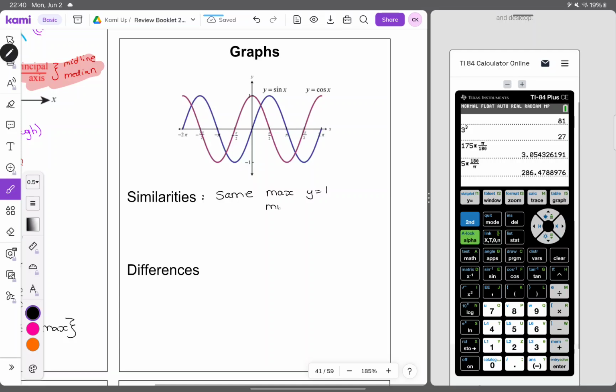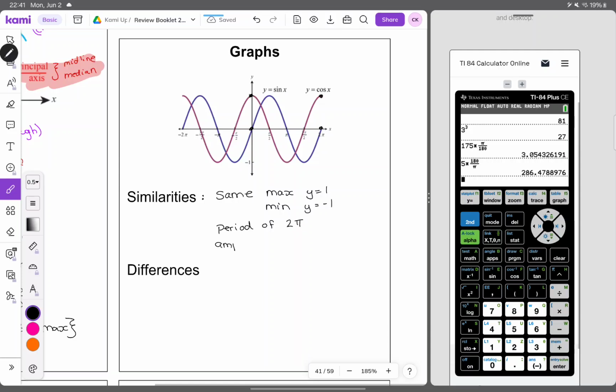We have the same min of y equals -1. They both have a period of, you can see I start here, I restart my cycle at 2 pi. I start here, I restart my cycle at 2 pi. So they both have a period of 2 pi.